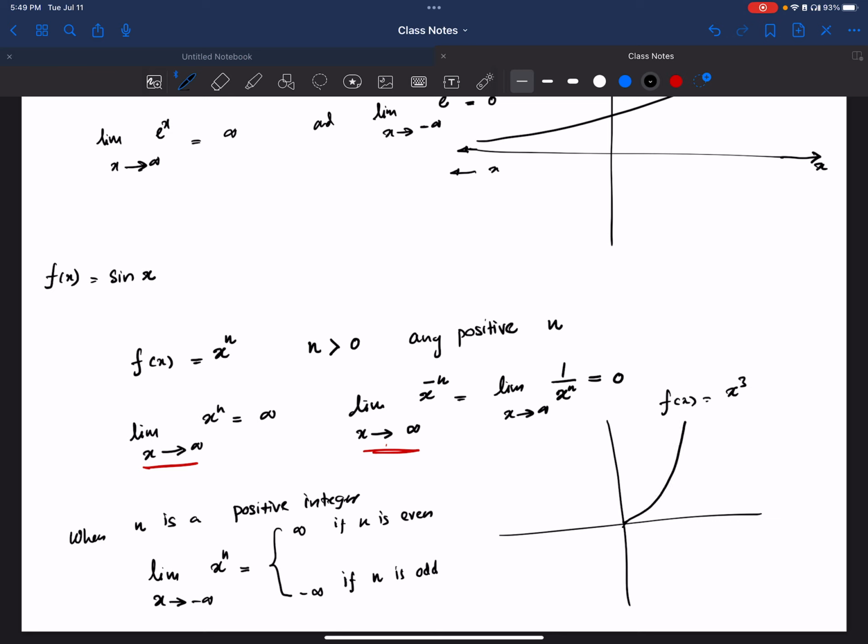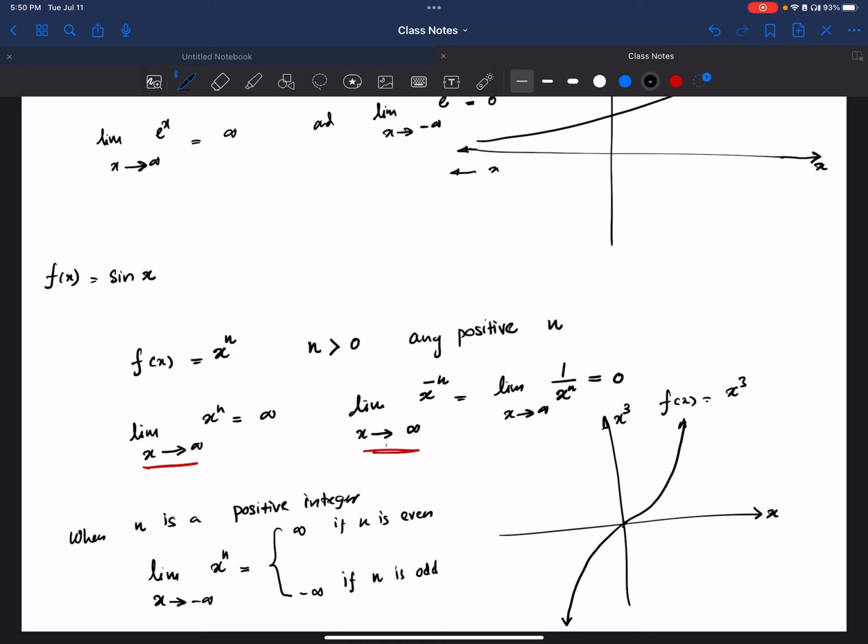Now, if n is an odd positive number, when x goes to negative infinity, this goes to negative infinity. So this is x cubed.